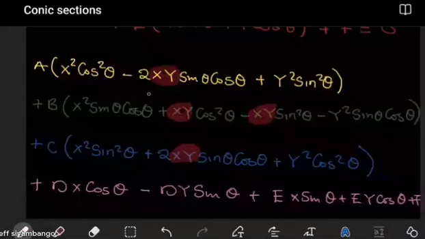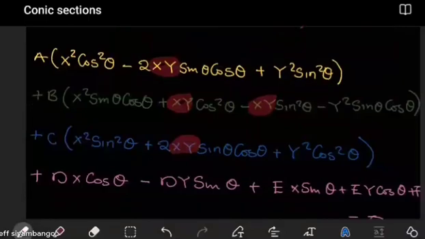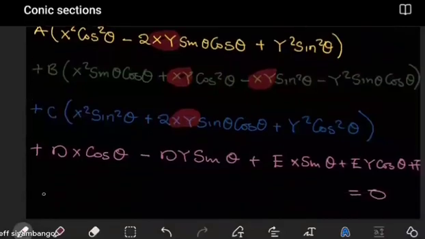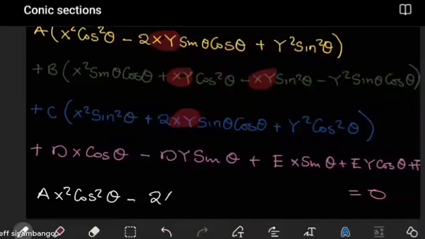From the expression in yellow, when I distribute A, I have A x squared cos squared theta minus 2A x y sine theta cos theta.